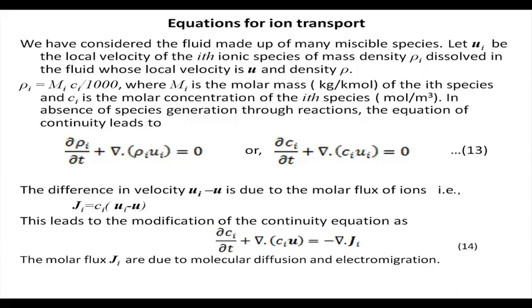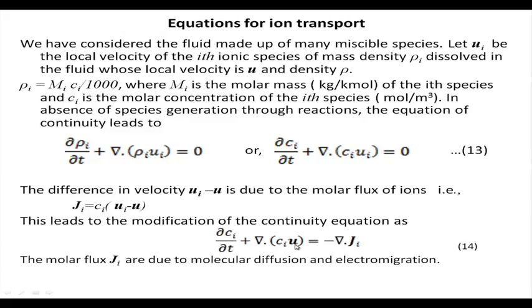Now, J i is also referred to as the molar flux of ions by this relation. So, if I apply it over here, the divergence of u is 0. So, this equation 13 can be transformed to this form by virtue of the continuity of the fluid, divergence of u is 0.